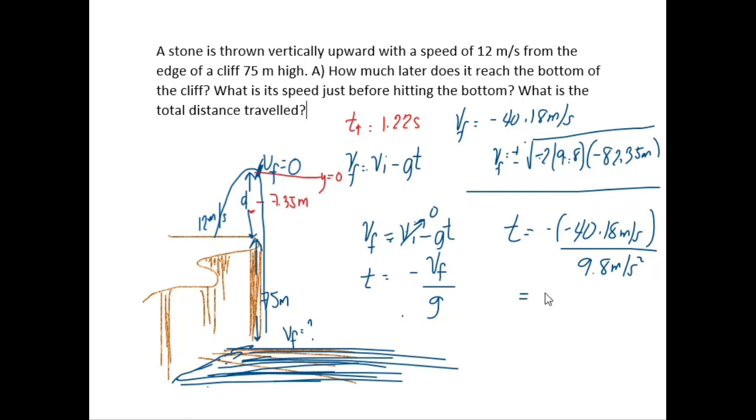So we have 40.18 divided by 9.8. Okay, the time downwards, yan naman yung for the downward motion, we have here is equivalent to 4.1 seconds. Okay? So there, time downwards, let's note that. Ang time downwards naman natin ay 4.1 seconds.